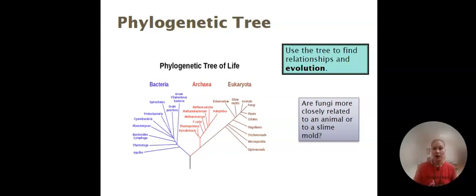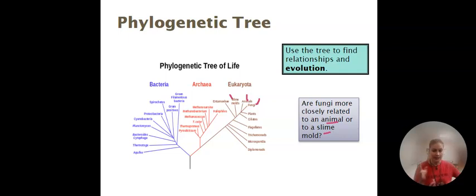So they want to know, are fungi more closely related to an animal or to a slime mold? So first of all, we have to find fungi. Here they are. You see, here's animal, and then here's slime mold.